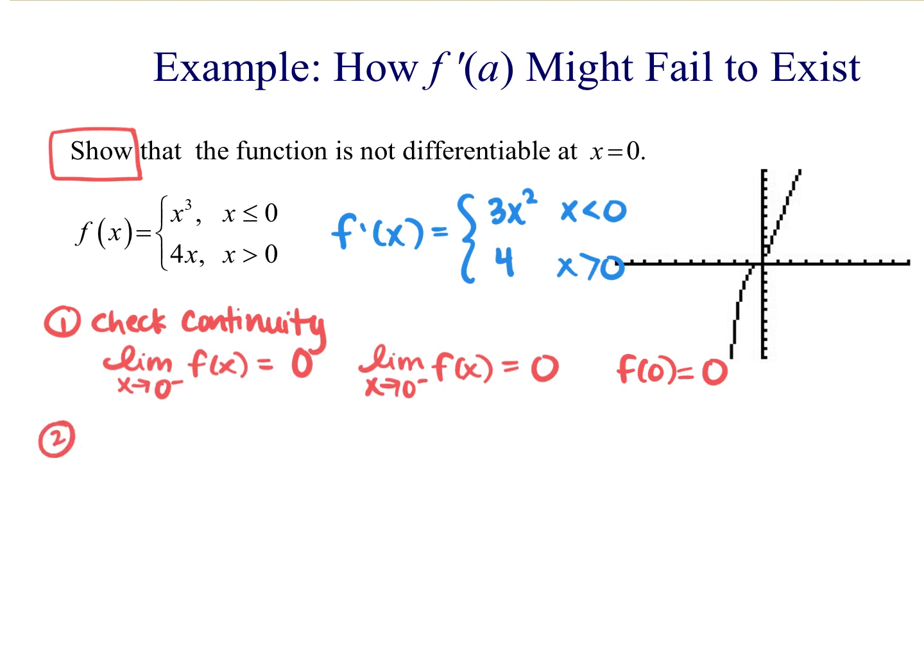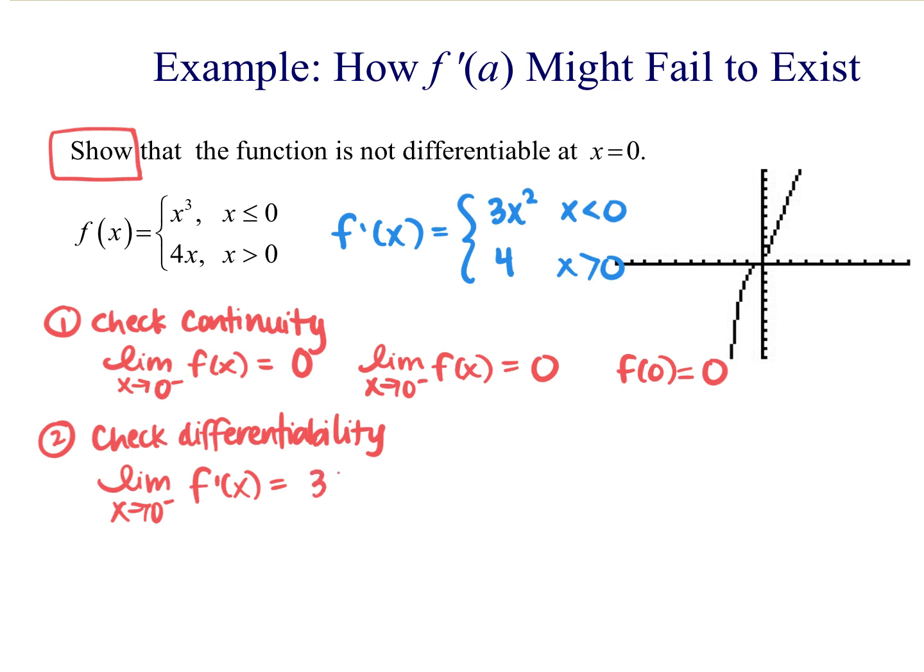And then the second part would be to check differentiability. And we'll do that by checking the limit as x approaches 0 from the left of f prime. When I check it from the left of f prime, I'm using 3x squared, so that would be 3 times 0 squared, which would be 0.